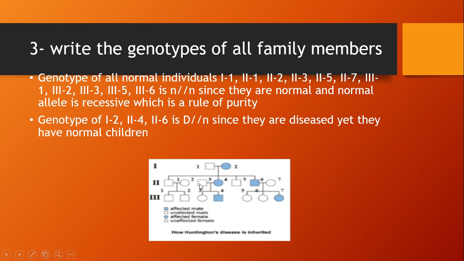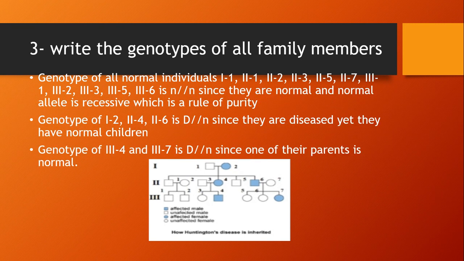But they have normal children, which allows us to know that these normal children have inherited the small n from their mother and the small n from their father. Since the mother in this case is affected, she is definitely a carrier, masking the normal allele with the diseased one. So the genotype of these members is capital D small n.